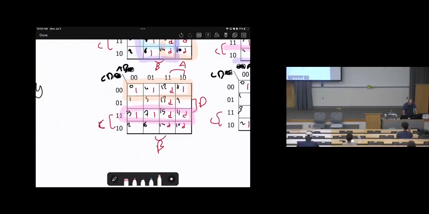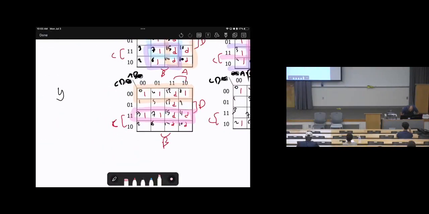So for variable Y, the orange one will include 4 blocks, which include 2 variables. These variables are C bar, D bar, plus this one in the orange. How about in the pink? It will be CD. Okay.